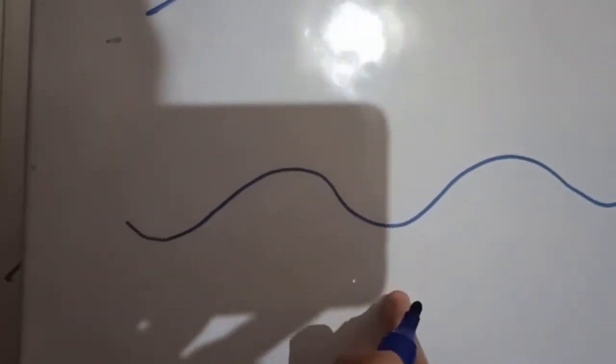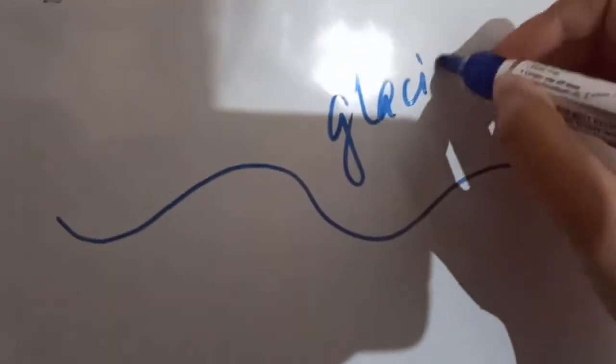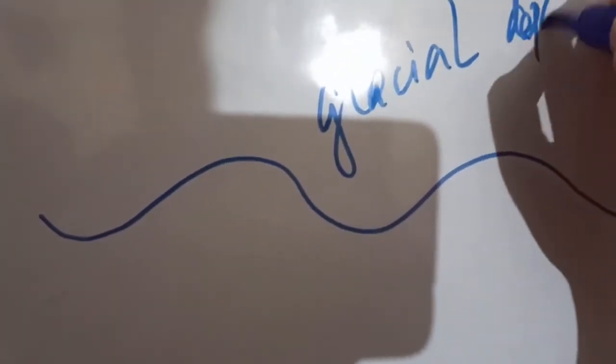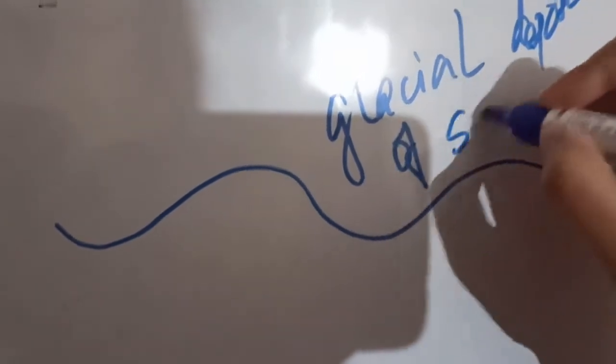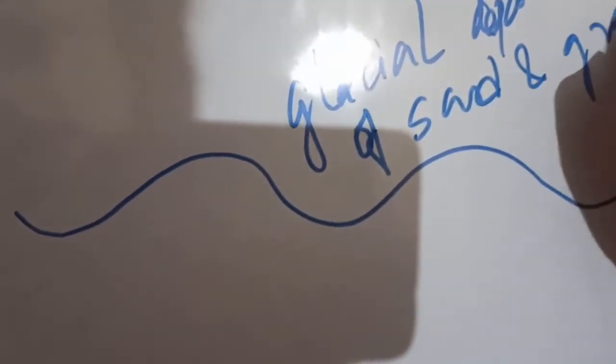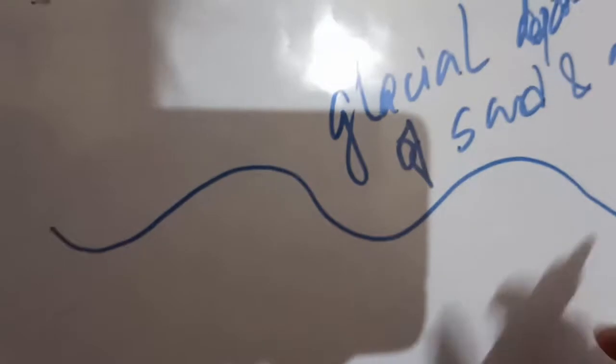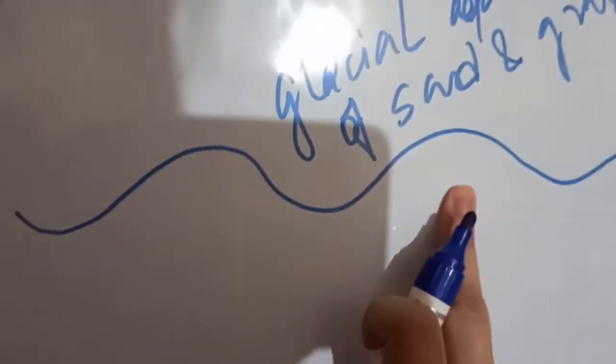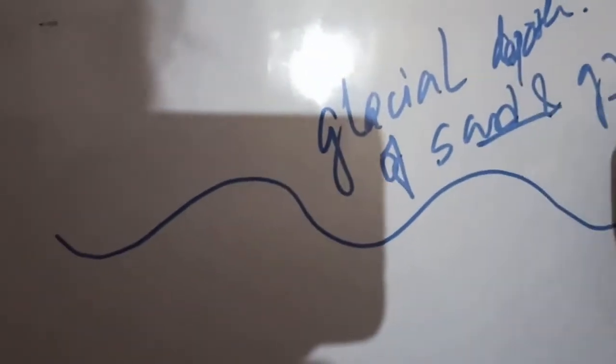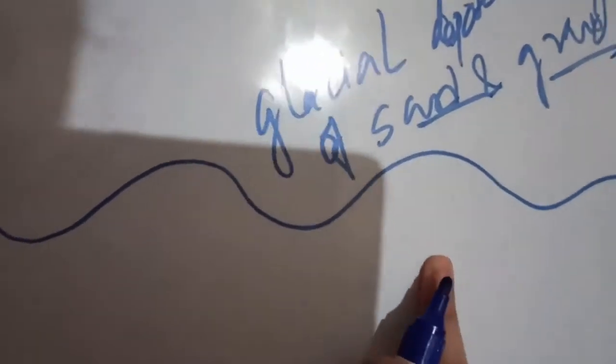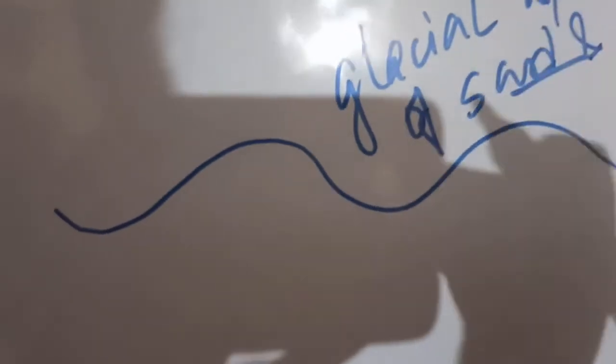Okay, they are mainly formed due to glacial deposits of sand and gravel. This feature has been formed due to the deposition of this sand and gravel on the channels that are formed by the glaciers, and these eskers are very common in the Scandinavian countries.